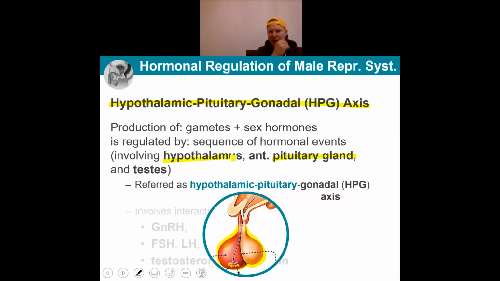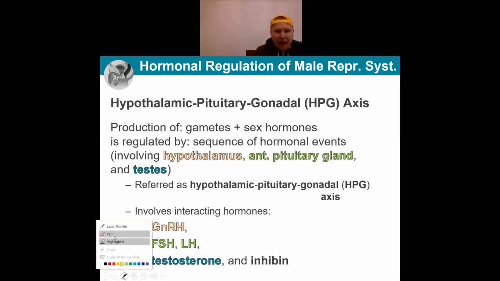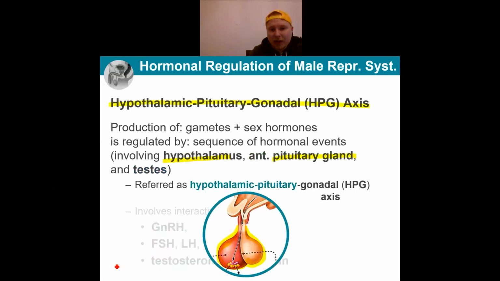And let's have a look at what's relevant for the male reproductive system and hormones that we need to know from there. Well, let's start with this hypothalamus. So we saw that structure here.